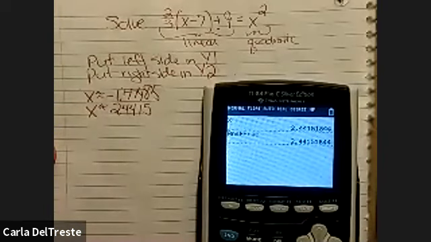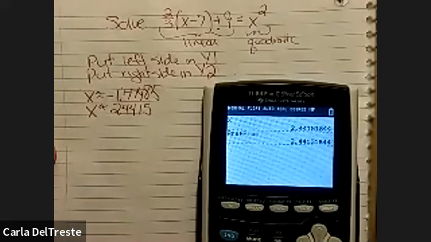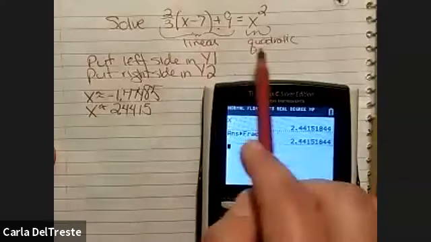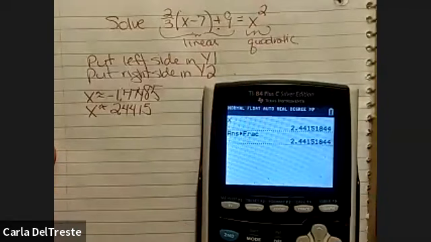In Desmos, when you put this in Y1, or in the first spot, and this in the second spot, remember that it's just going to graph them automatically anyway. You can find the graphs, and then it will automatically show you those intersection points. And all you have to do is touch on them with your mouse.